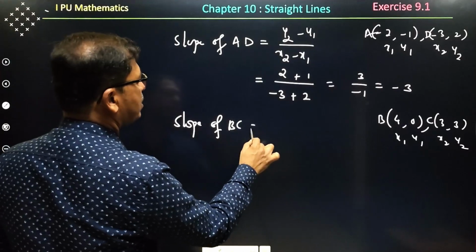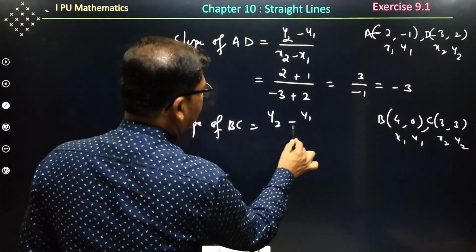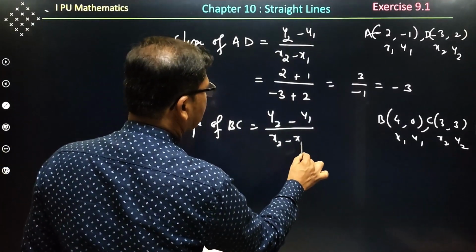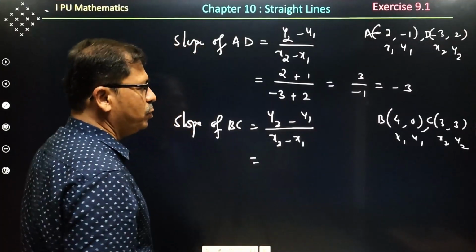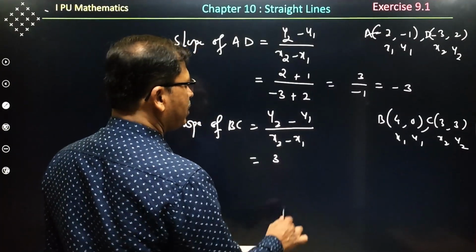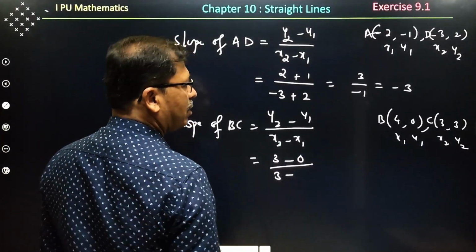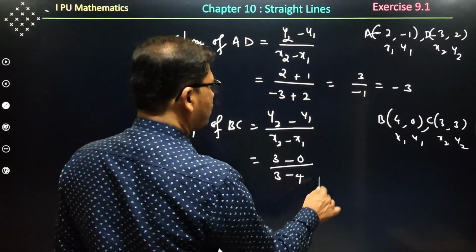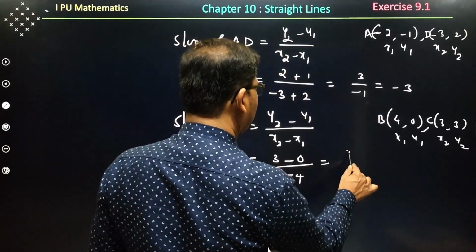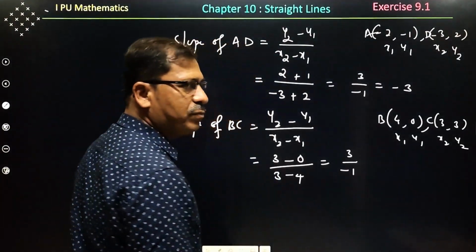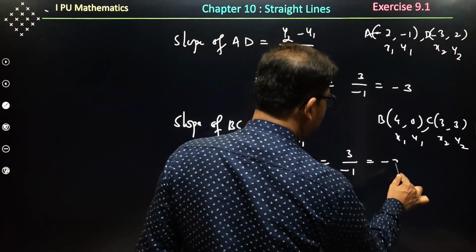Slope of BC is equal to y2 minus y1 divided by x2 minus x1. So this is y2 3 minus y1 is 0 divided by x2 minus x1. x2 is 3 minus x1 is 4. So 3 minus 0 is 3 only. 3 minus 4 is minus 1. See here again you are getting minus 3.